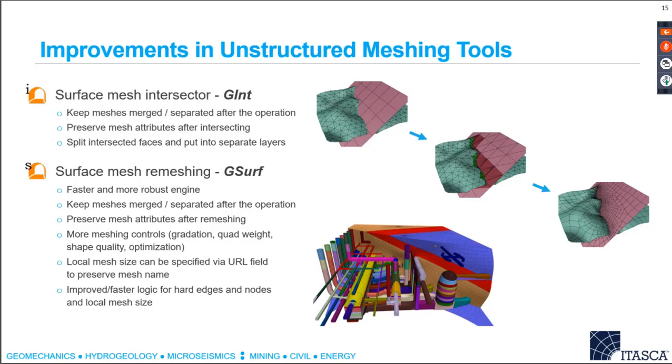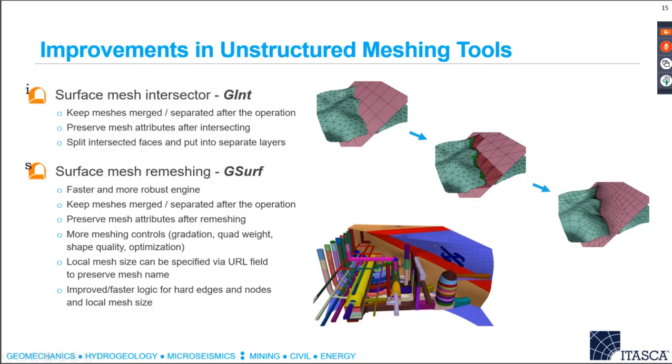Now, if meshes are kept separate, all the attributes are preserved. You can clearly see it here. And also there's additional option to split intersected faces and put them into separate layers. There will be a demo example about this.